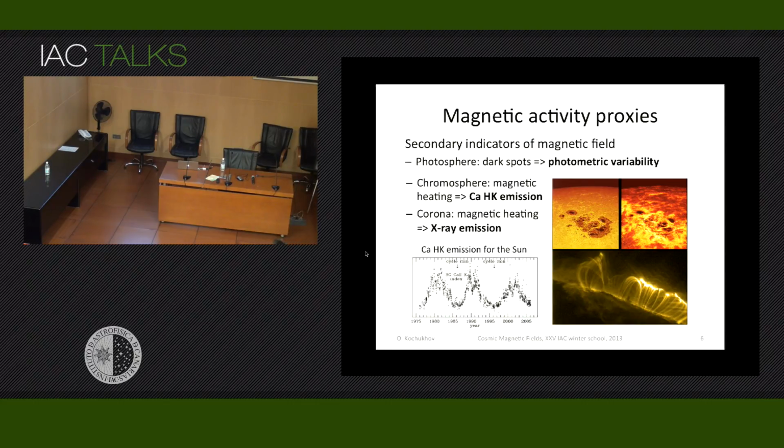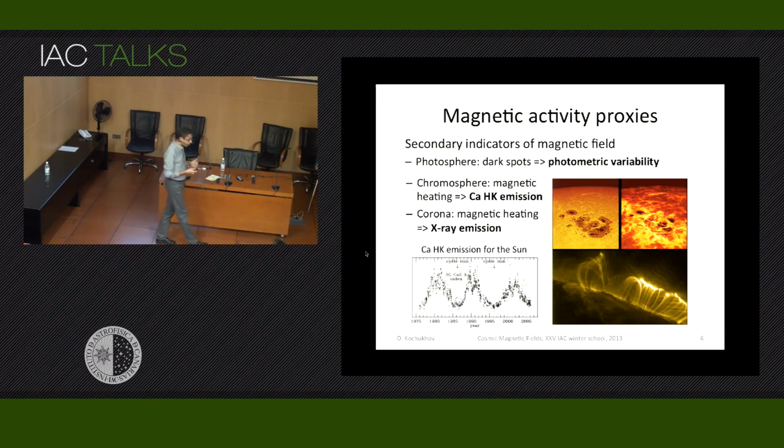Deep down, magnetic field for solar type stars prevents convective energy transport, so it is responsible for these dark spots. And when we integrate over the disk of the star with the spots and the star is rotating, you understand that the brightness of the star is changing quite a lot, or maybe not so much, depending on how large are these spots.